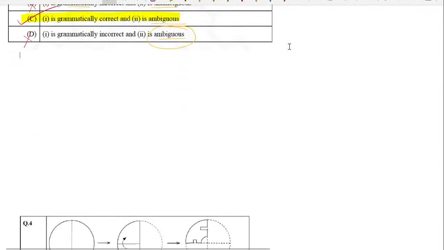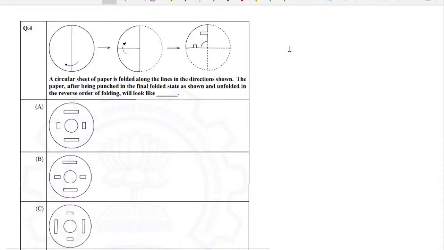Now we go to the next question, question number 4. It's a question from the reasoning part. There are 3 circles. The question says that a circular sheet of paper is folded along the lines in the directions shown.